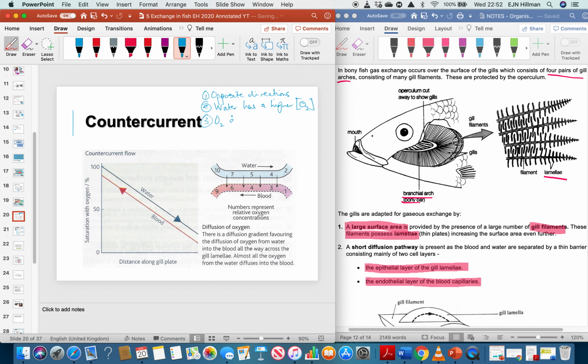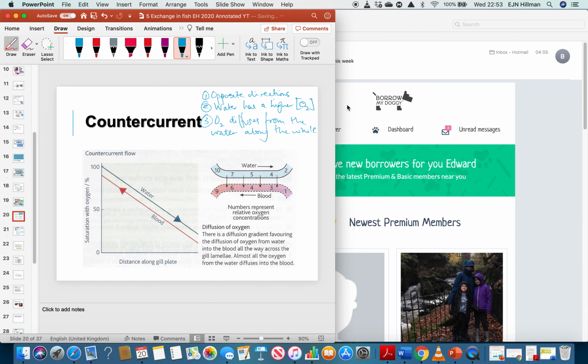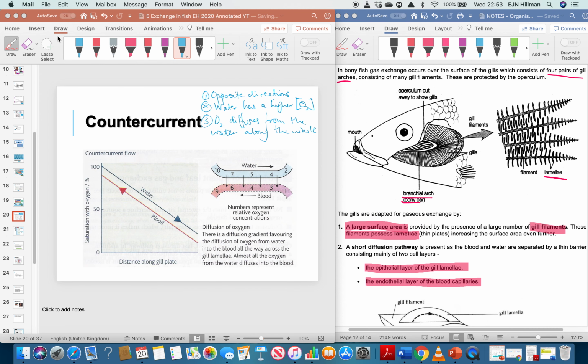So oxygen diffuses, not across, diffuses from the water along the whole length of the lamellae. Great.